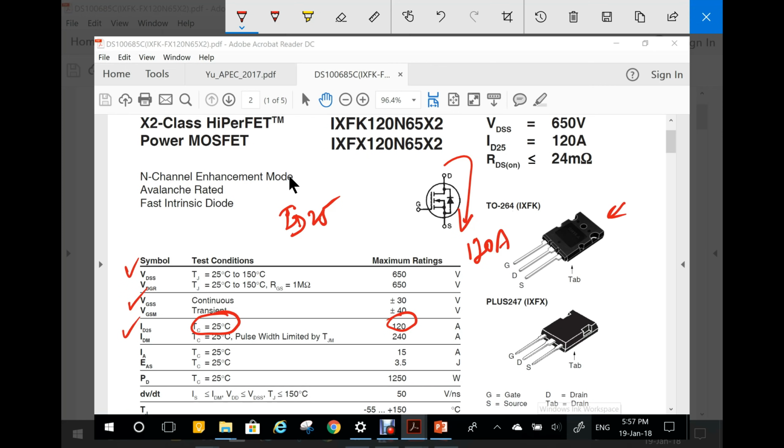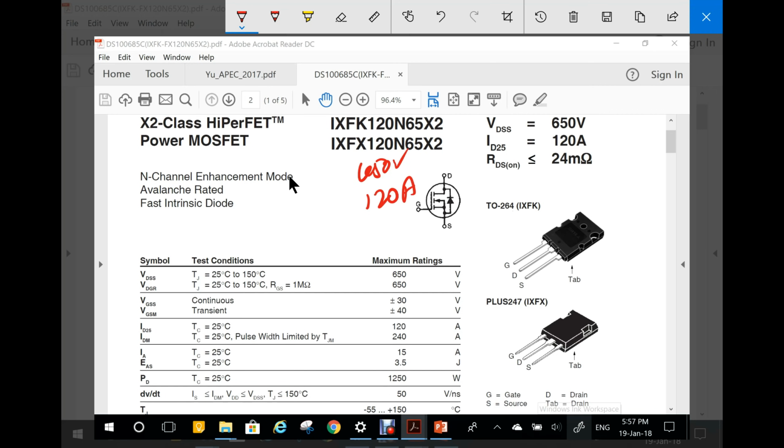And for a short time, you can actually pass 240 amp. Limited, but TJ max is the maximum junction temperature. We'll talk about it. So this device, as we understand now, can tolerate 650 volts and 120 amp.